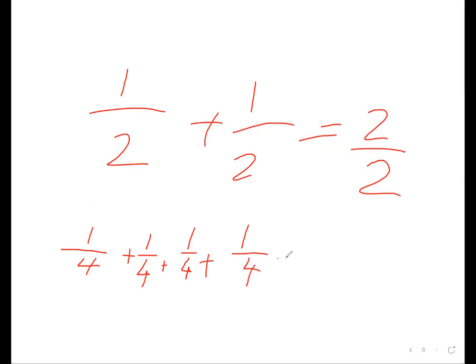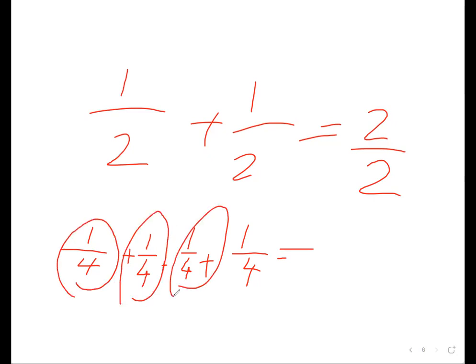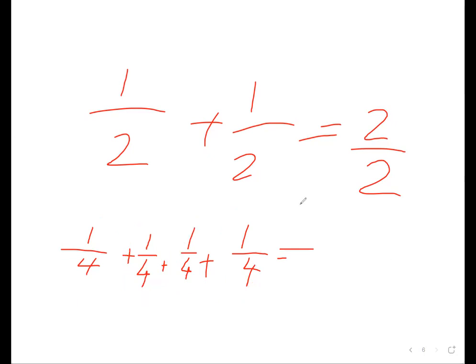Can you tell me now? How many parts of 4 do I have? 1 plus 2, 3, 4. Easy, Miss Alia. I just put 1 plus 1 plus 1 plus 1. That means 4. What about the denominators? Should I say 4 plus 4 plus 4 plus 4? No, I just leave it because they are already 4 parts. So I just put them together.